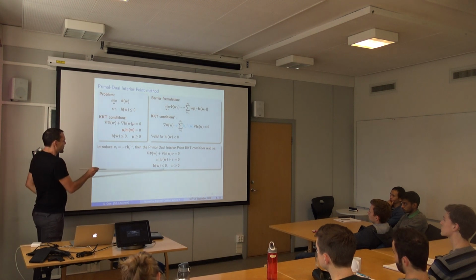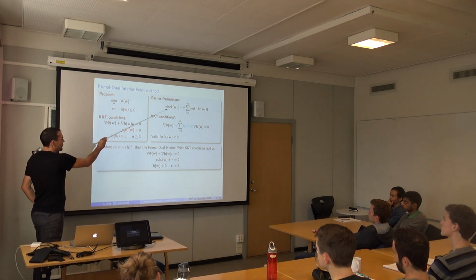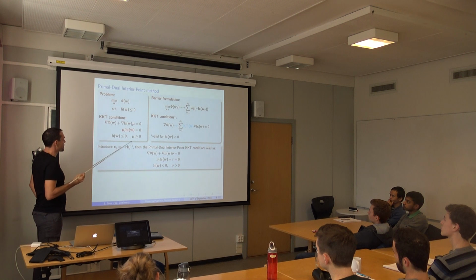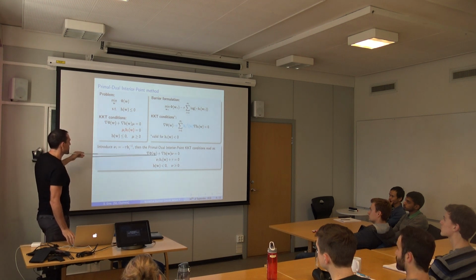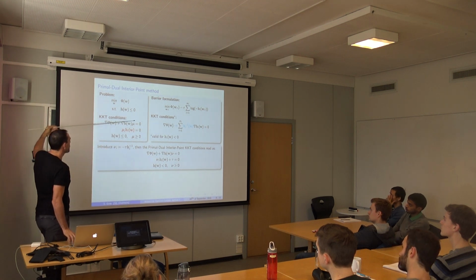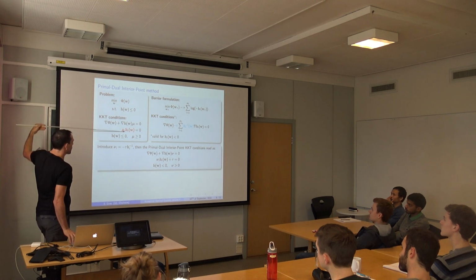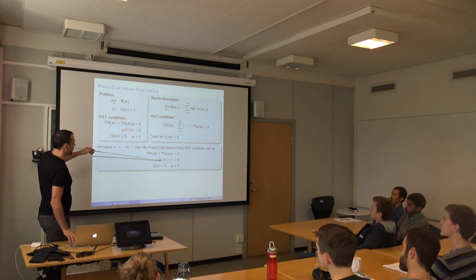Now compare these conditions. So it's coming from the barrier problem to these conditions here. And you essentially see that they are suspiciously the same, right? So I have essentially the same equation here as this one. I have also the product between these variables and the h_i, this variable and the h_i.